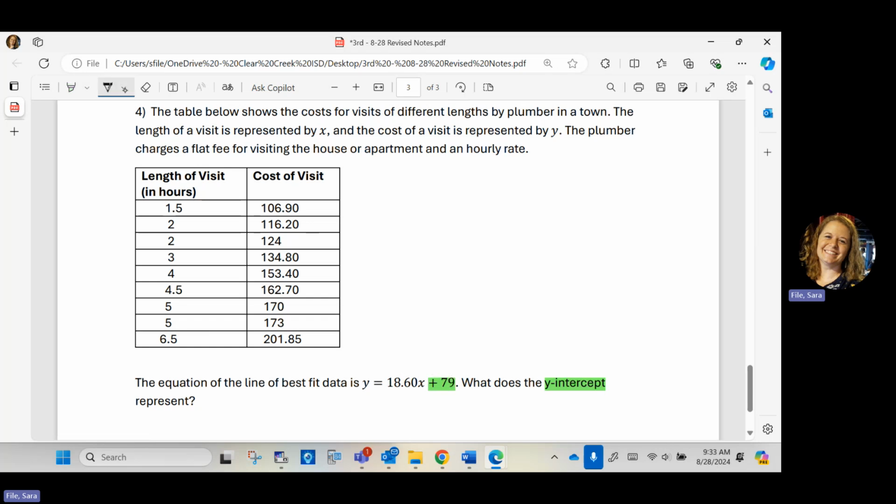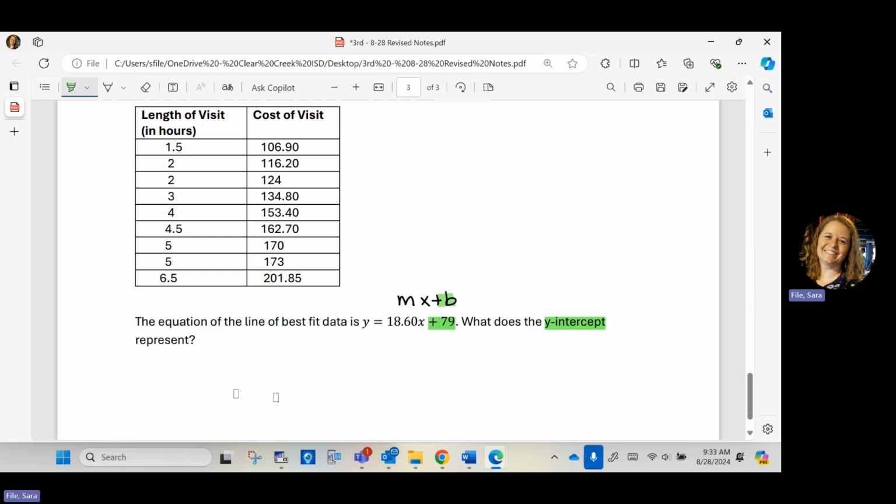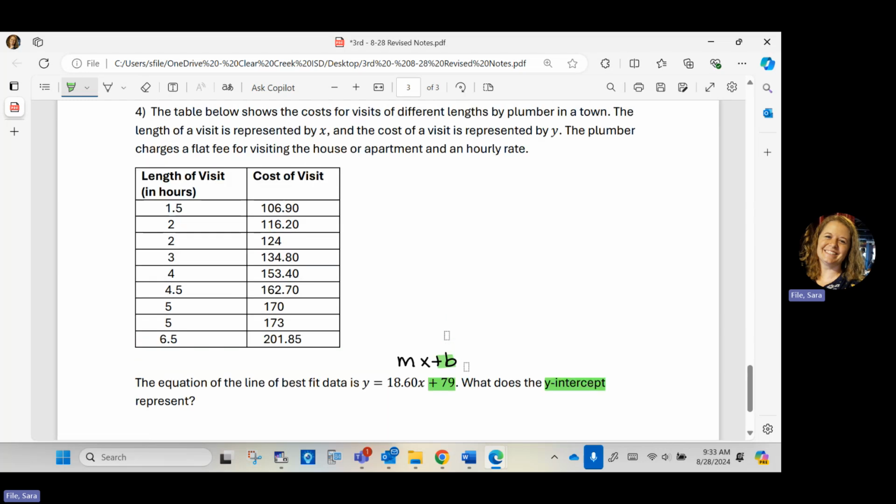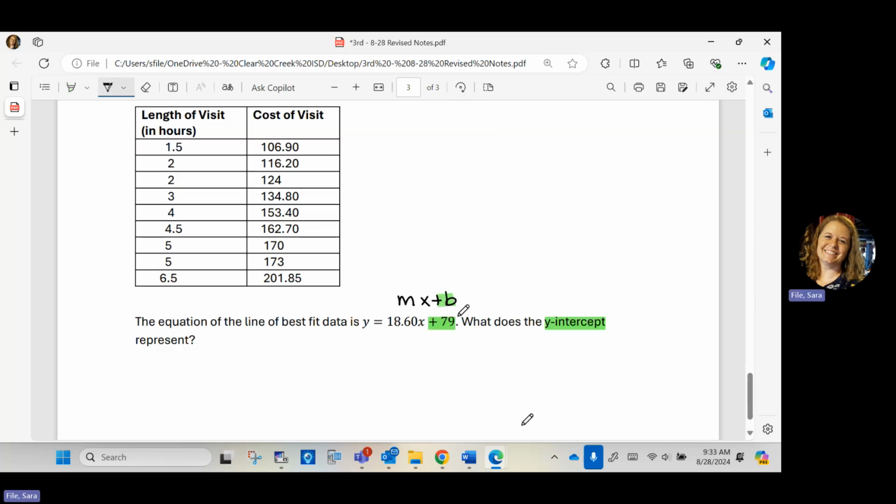B is the y-intercept. So 79 is my y-intercept, and what I just heard is what it represents. In this scenario, that represents if 0 time is spent working, because if X is 0, so there's no hourly cost, you're still paying $79. So that represents his flat fee, the flat fee for just visiting.